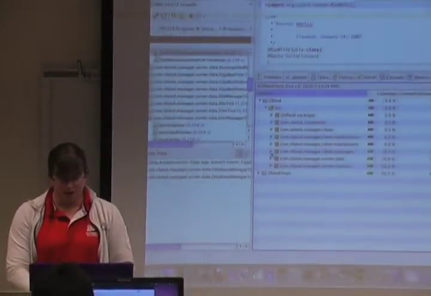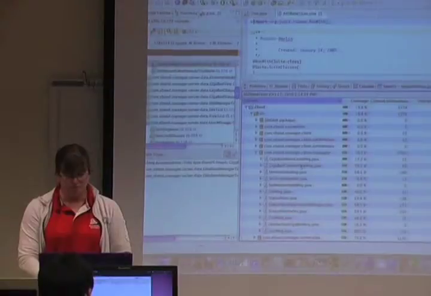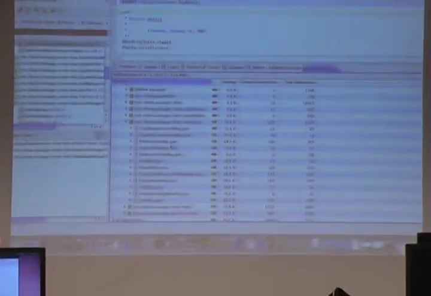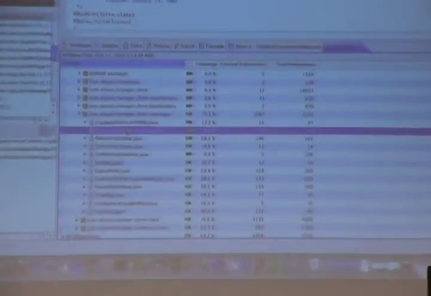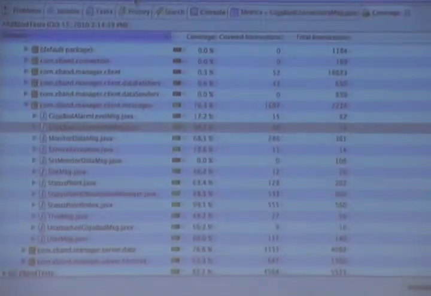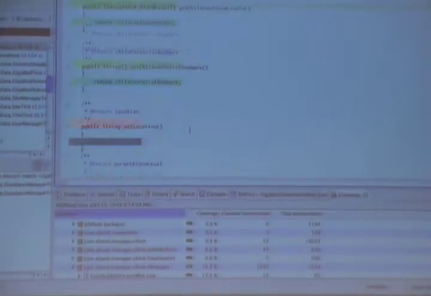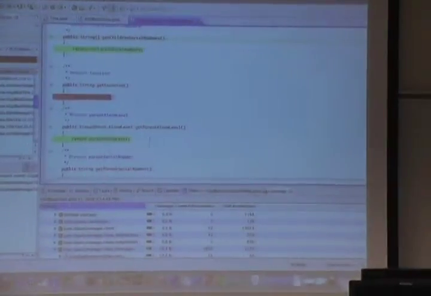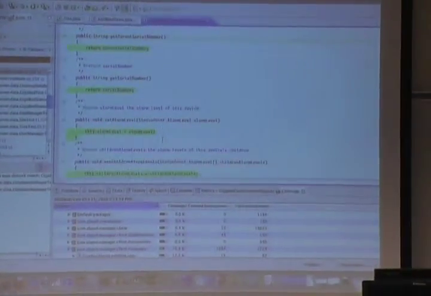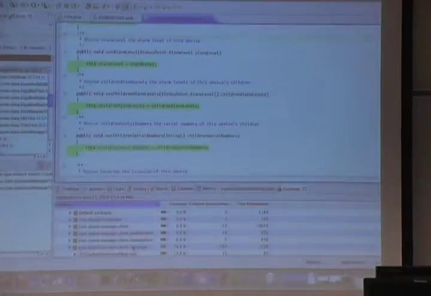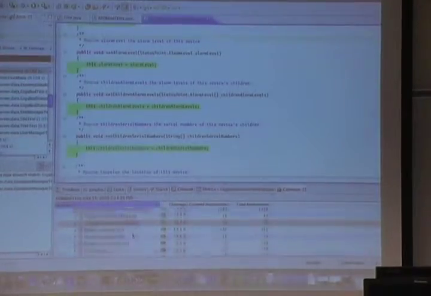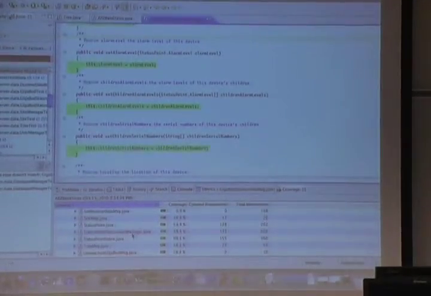And you can look inside. Like this one is covered very nicely, and when you look at the code, it'll put green on all the lines that it touched, and red on all of the lines that it didn't touch. So that one did very, very well. The messages are kind of boring.